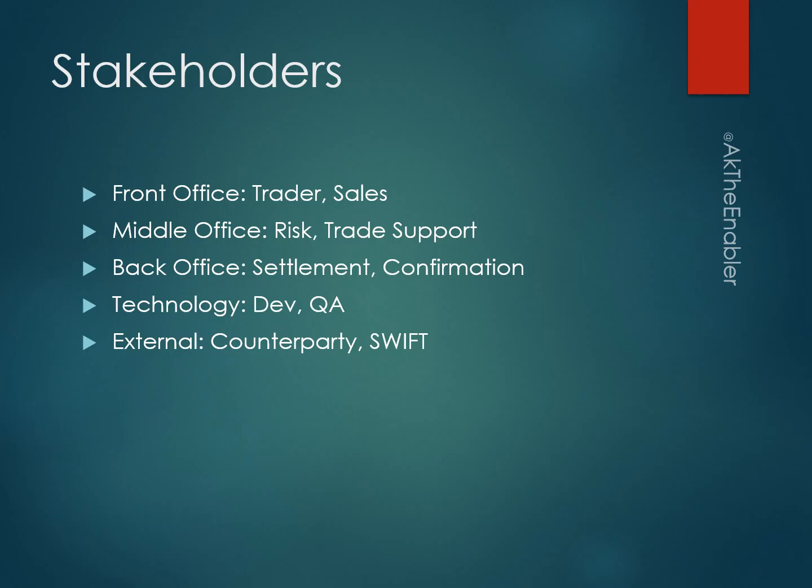Then there is the back office, which works on settlements and confirmations. Technology, dev, QA are all involved because technology is very important, as we are building the systems. The developer is doing the coding, QA is testing, and the BA is removing the gaps between all these stakeholders. And there are external counterparties like SWIFT, Bloomberg, and external vendors. All these people who have a vested interest in the activity, system or project are called the stakeholders.